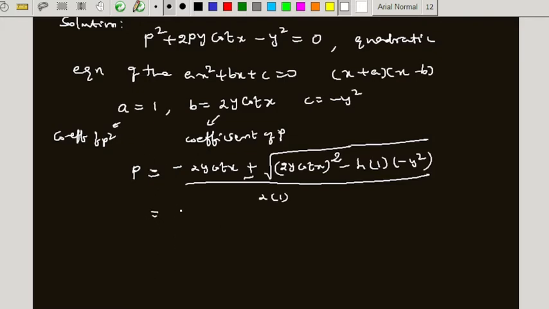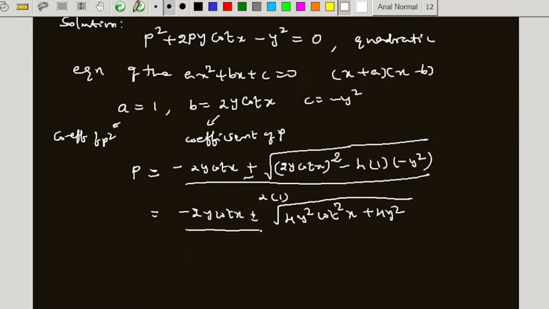We can write this as minus 2y cot x plus or minus the square root of 4y square cot square x plus 4y square, dividing by 2.